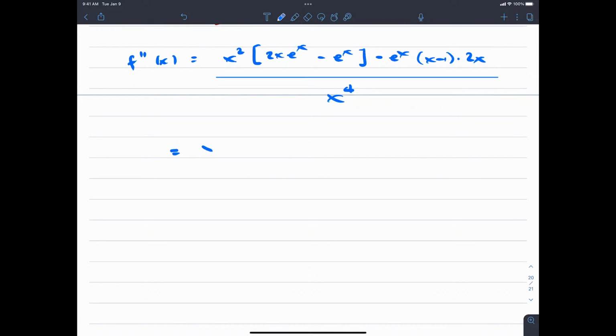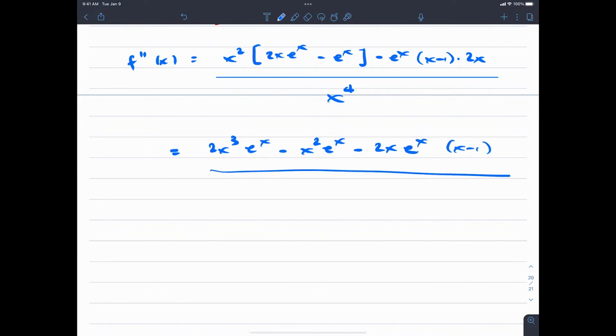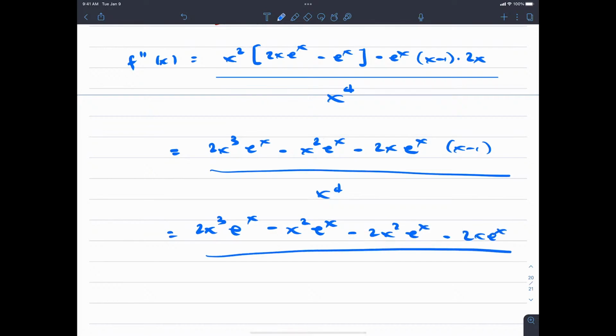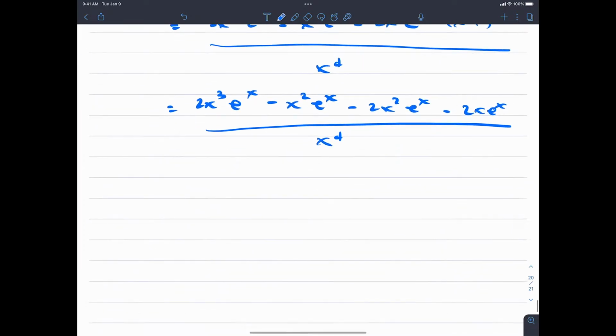Okay, let's do some arithmetic here. 2x cubed e to the x minus x squared e to the x, minus 2x e to the x minus 1, over x to the fourth. 2x cubed e to the x minus x squared e to the x minus 2x squared e to the x minus 2x e to the x, all over x to the fourth. Is that right?